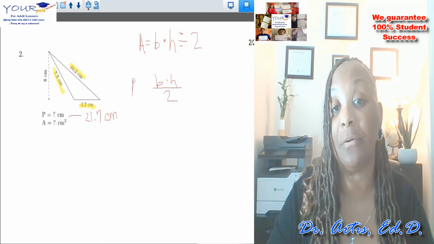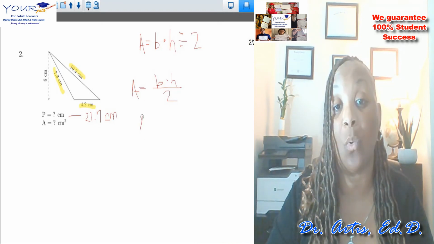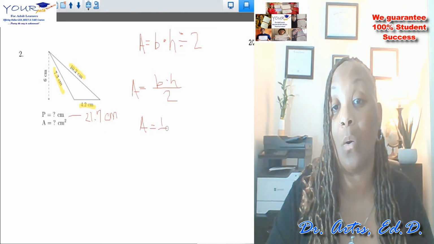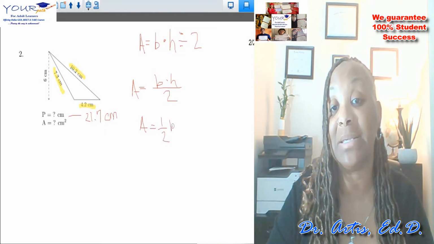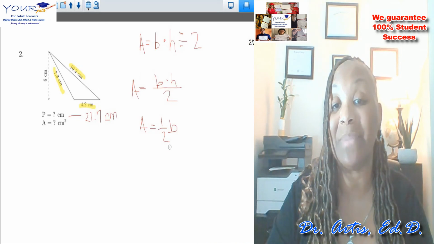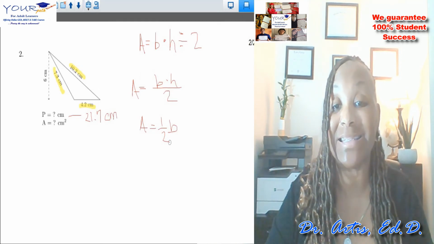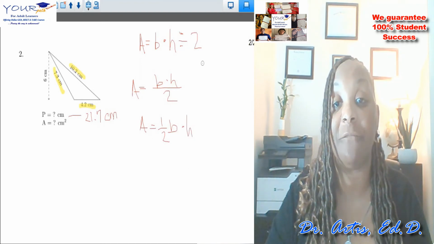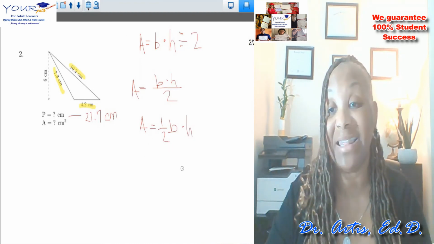It doesn't matter. It all means the same, or you can write it as 1/2 times the base, which is the same as saying your base is divided by 2. That's what that means, times the height. Okay? So all of these formulas, they mean the same.